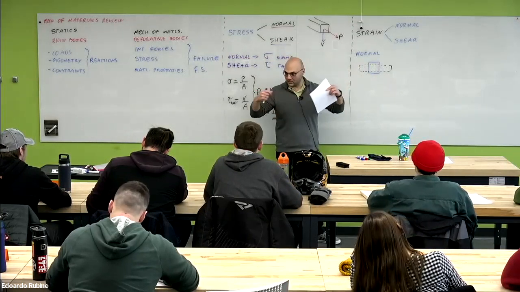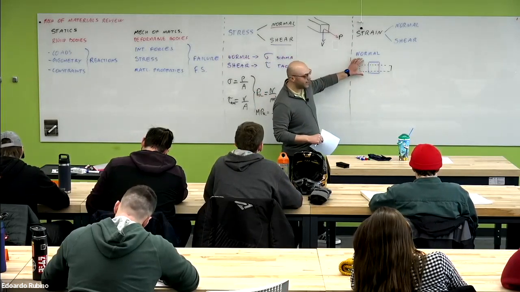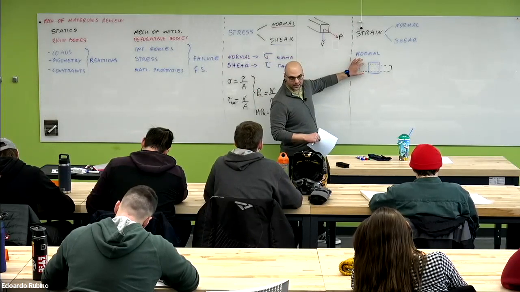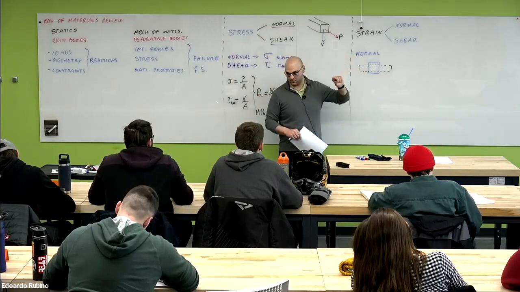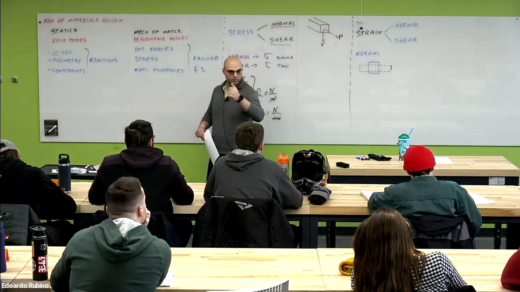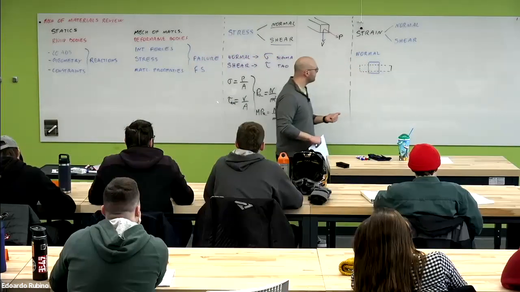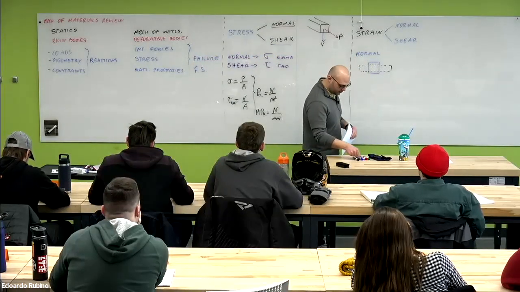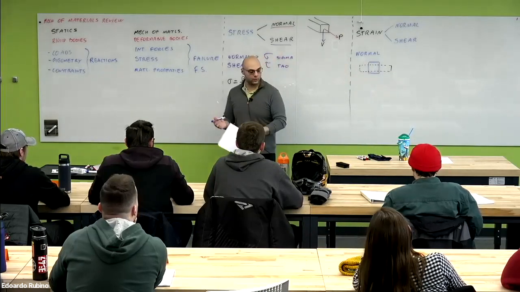So we have a positive strain when we have an elongation, and we have a negative strain in the vertical direction because the size of the element decreases. So positive strain, negative strain. When we look at the shear strain, we said that it is related to a change in angle.